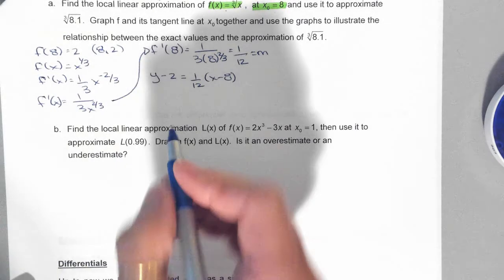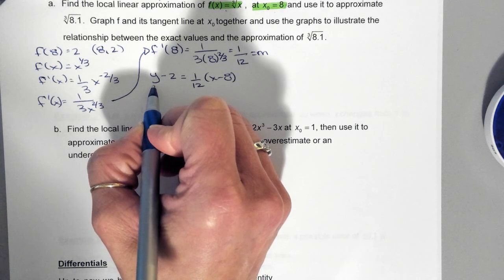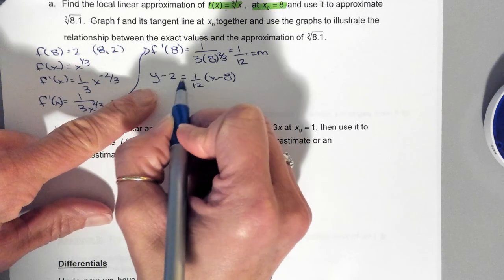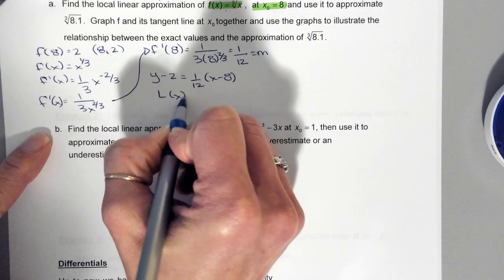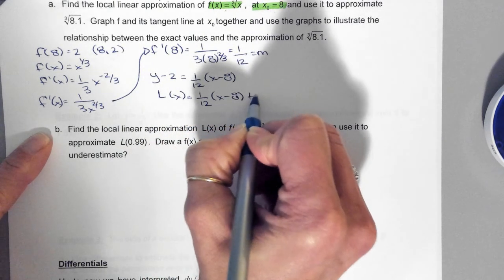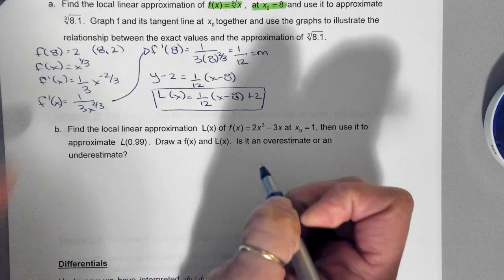I need to add 2 to both sides, and then can I replace this y with L of x? That's how we make it fancy. It's the linear approximation, because this would say y is equal to, I want this to say L of x is equal to 1/12 times x minus 8 plus 2. This is our linear approximation formula, L of x.